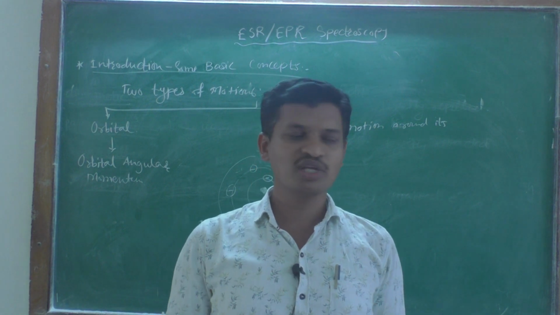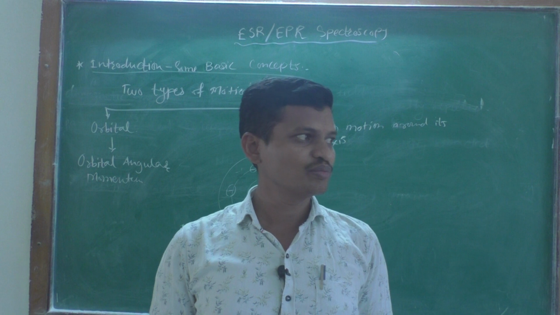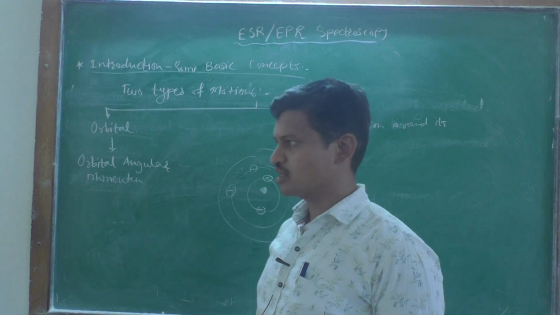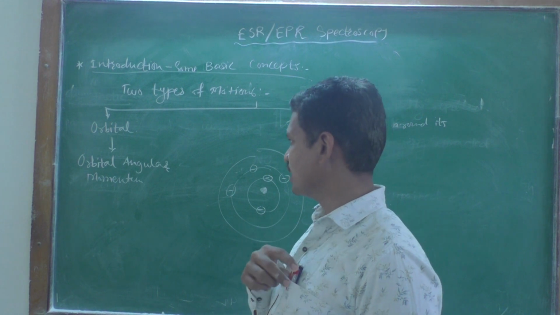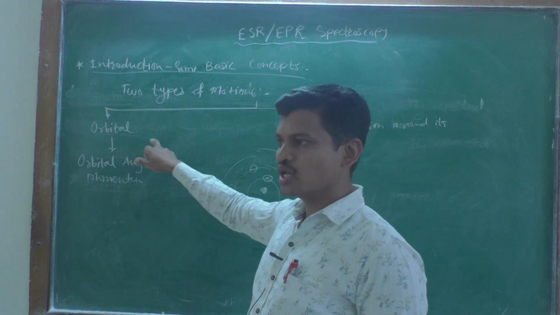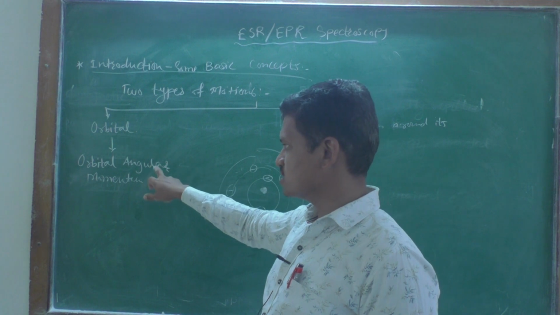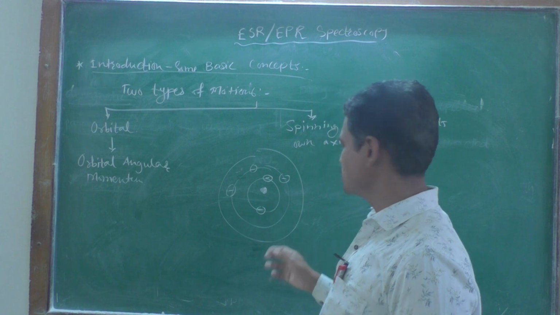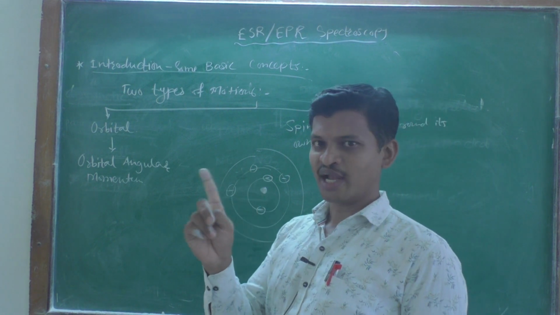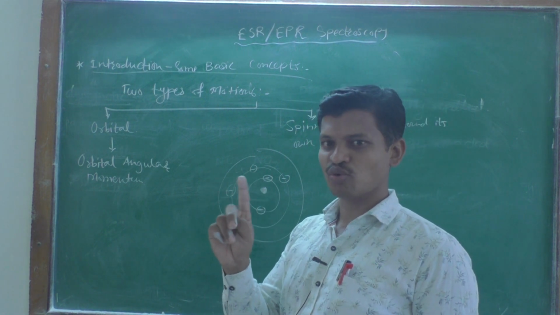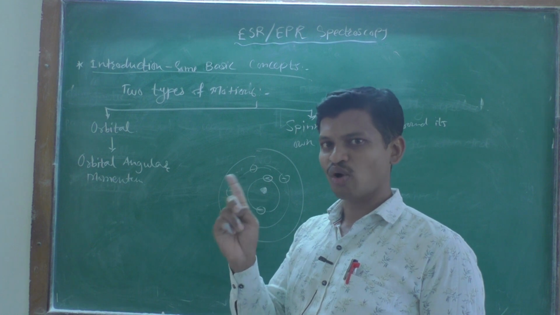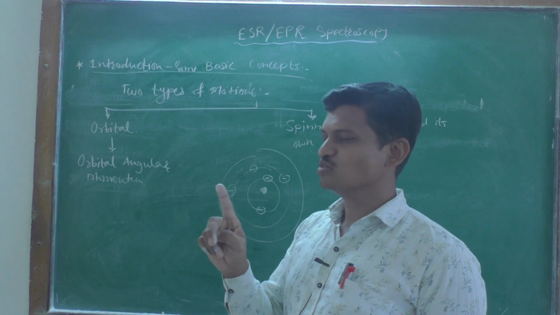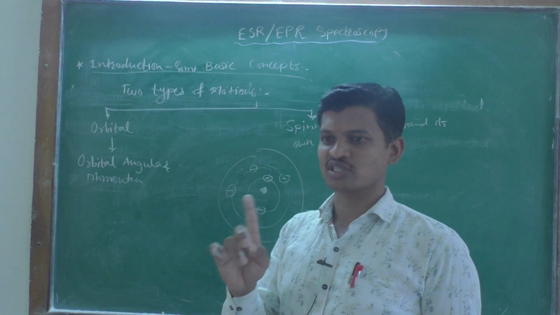So there are two motions of the electron, as I already told you. One is orbital motion, and due to orbital motion there is an angular momentum known as orbital angular momentum. The second motion is called spin motion. The electron is spinning about its own axis, either in clockwise or anti-clockwise direction, and these are simultaneous motions.